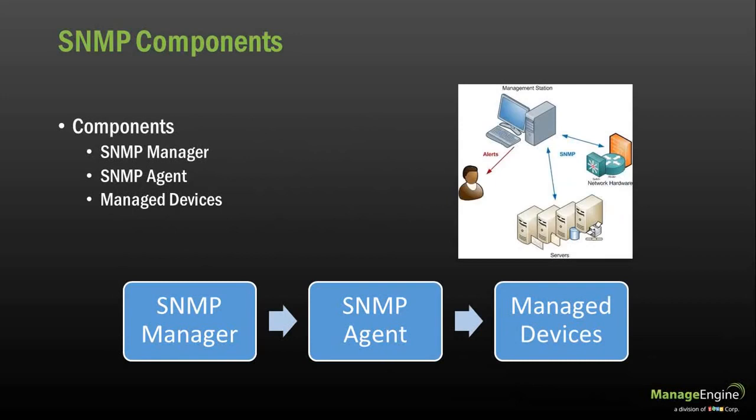The user receives alerts through the management station, otherwise called a monitoring solution, which in turn pulls performance statistics from servers and network devices. SNMP Manager sends a request to the SNMP agent, which in turn passes on the request to the managed device. Managed device then responds to the request on hand and sends the necessary output to the SNMP Manager.